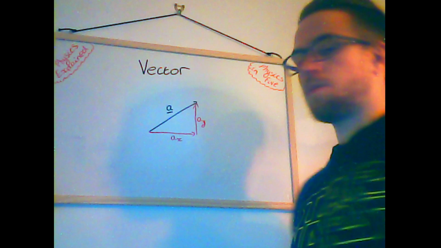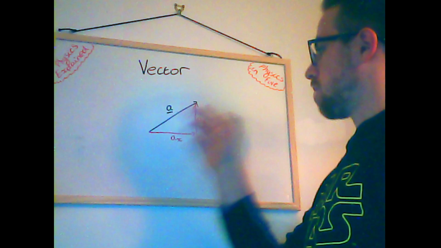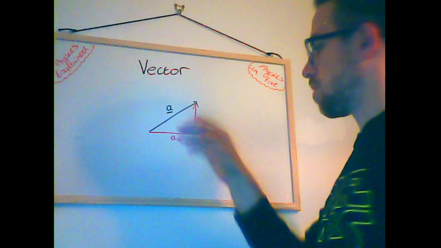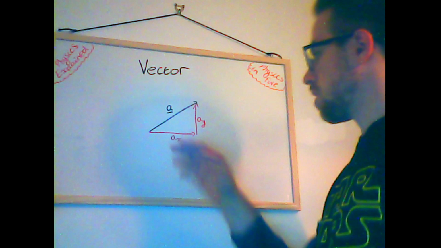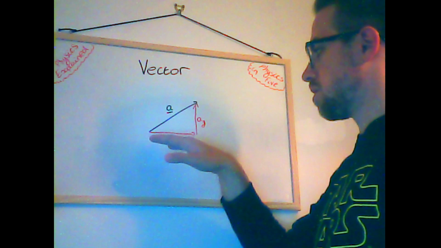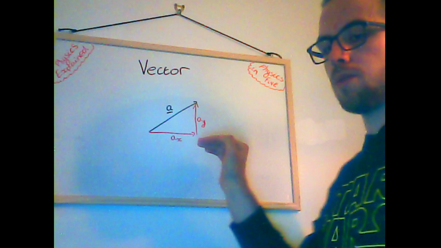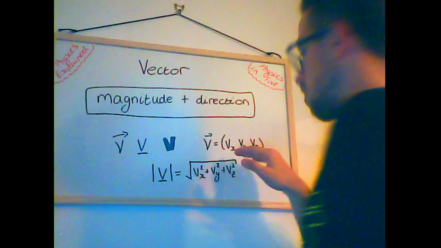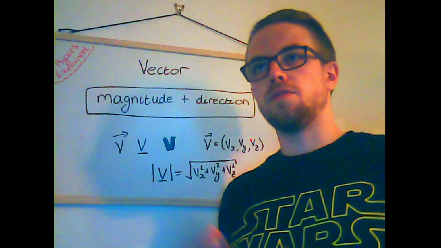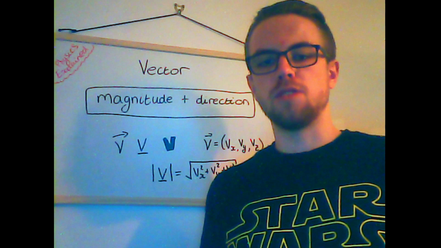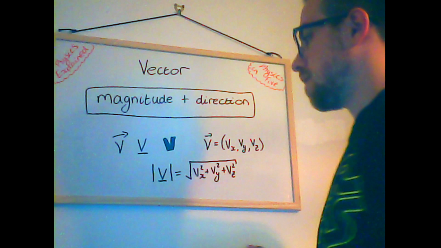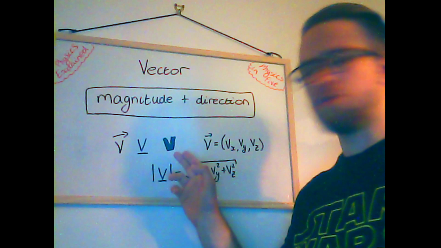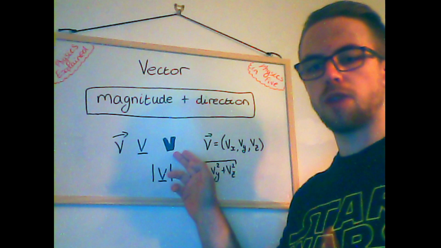Just to illustrate that point further, a vector is made up of its coordinate components. So in this case, because we're working in 2 dimensions, the vector a is made up of the ax component as well as the ay component. And these coordinate components will have a scalar value to them. A vector can be notated in 3 different ways. Most textbooks use bold print because it's quite easy to get hold of.